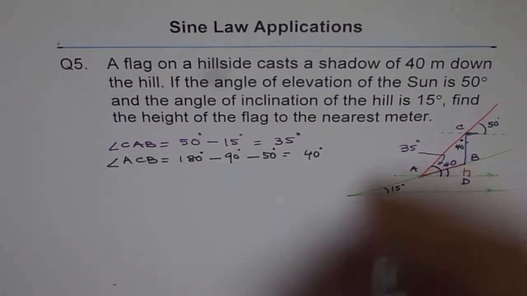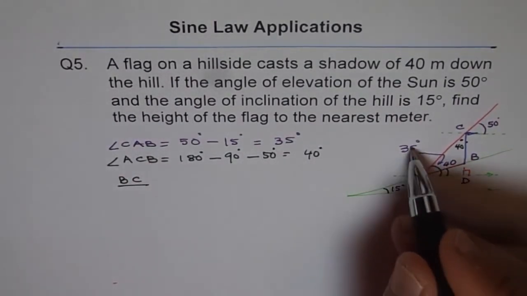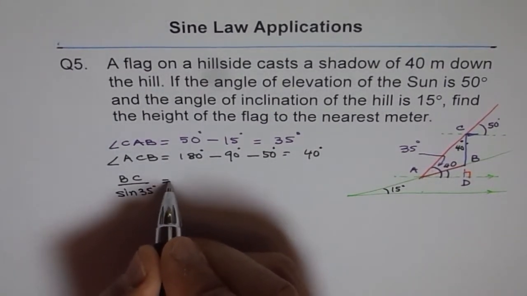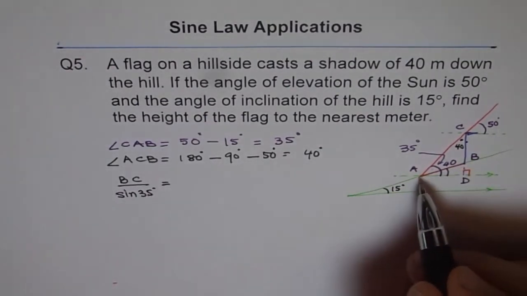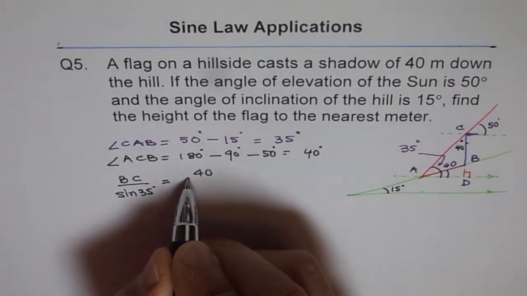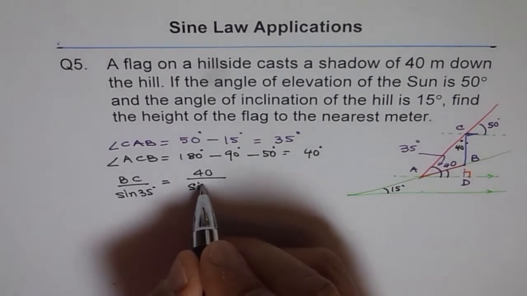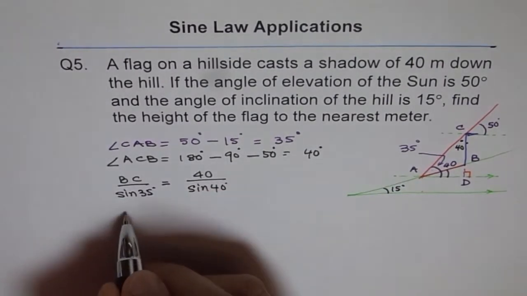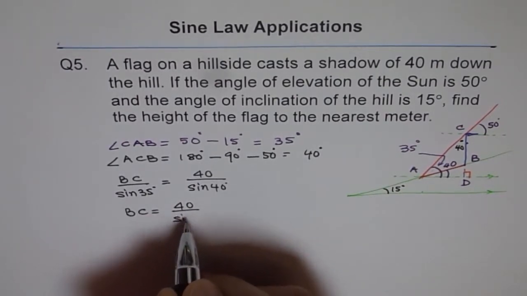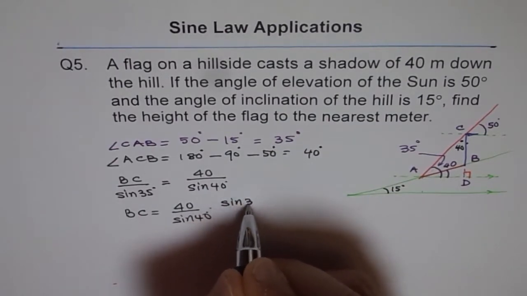We need to find BC. So BC over sine of 35 degrees, the angle opposite to BC, is equal to the length of the shadow AB, which is 40 meters, over the sine of 40 degrees. From here, we know BC equals 40 over sine of 40 degrees times sine of 35 degrees.